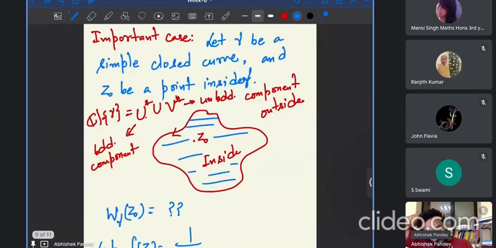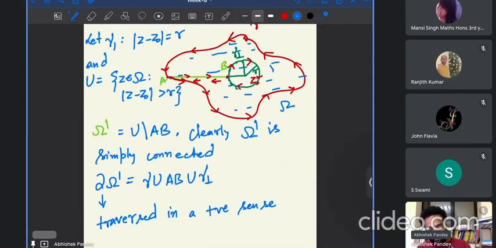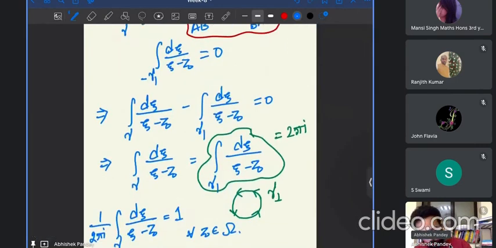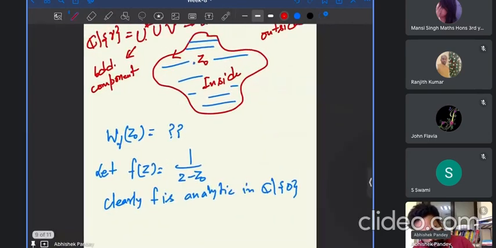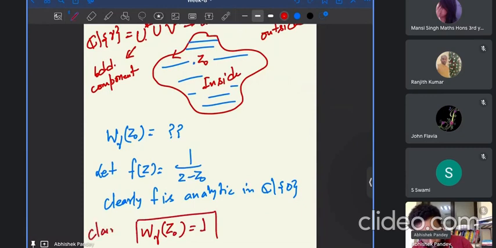So if you take a Jordan curve, and the orientation is positive orientation like this, then for z naught inside this Jordan curve, the winding number of the curve gamma about the point z naught will always be 1. So this was our claim.